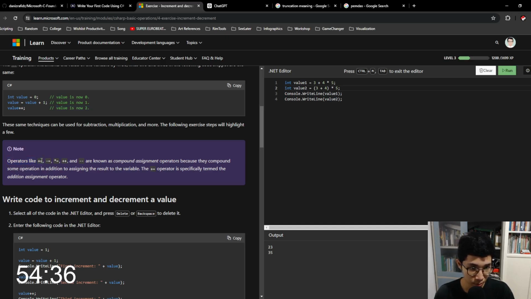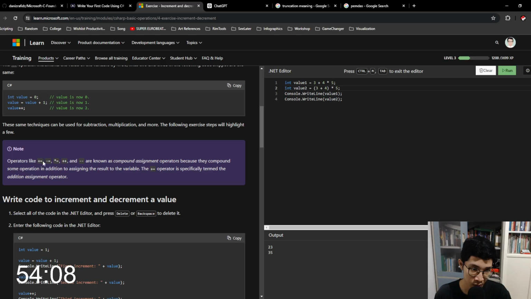Operators like plus equal, minus equal, multiplication equal, plus plus, or minus minus are known as compound assignment operators. They are known as compound assignment operators because they compound some operation in addition to assigning the result to the variable.